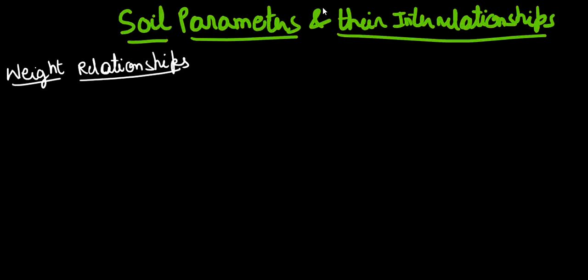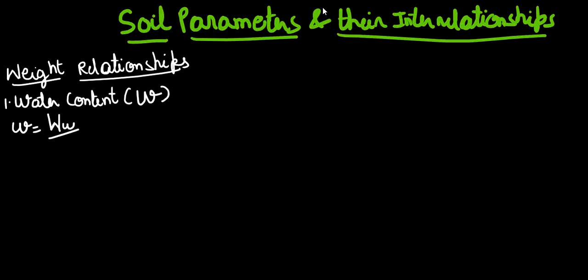In this particular thing I have the first one as water content. We represent water content by the symbol capital W. So water content is equal to weight of water upon weight of soil solids, WS, or you can also say WSS.